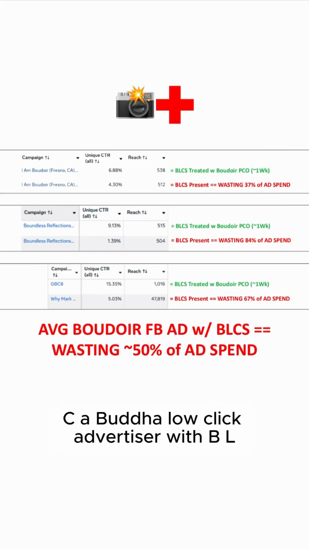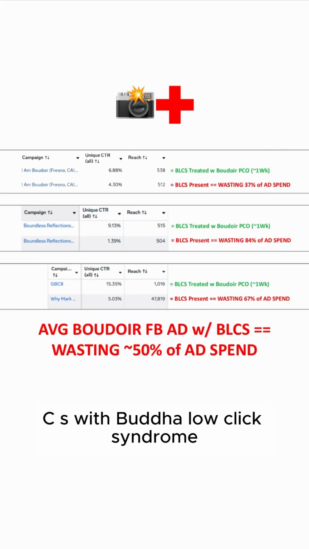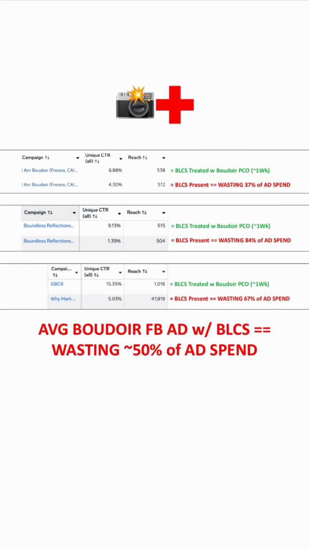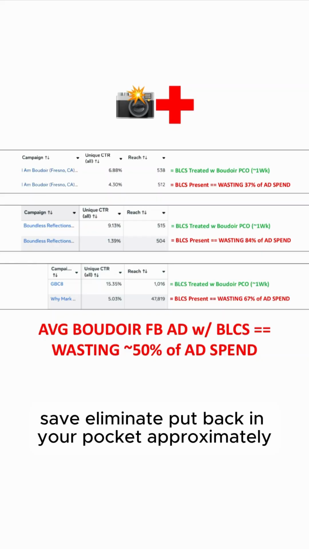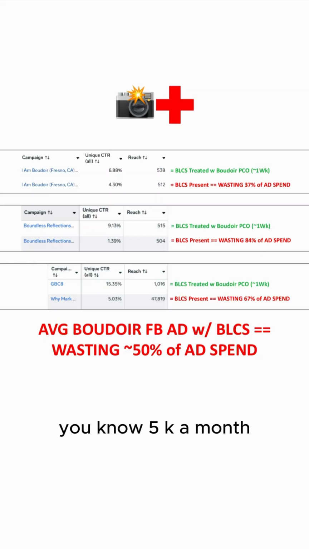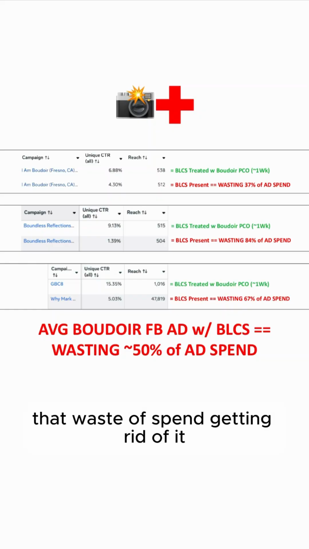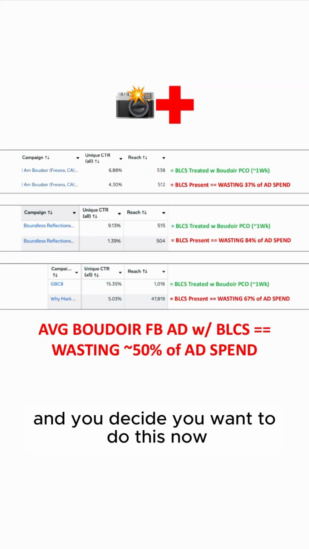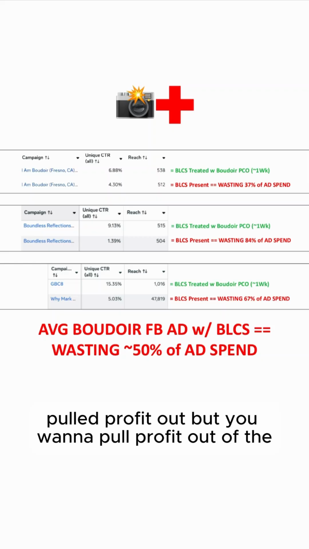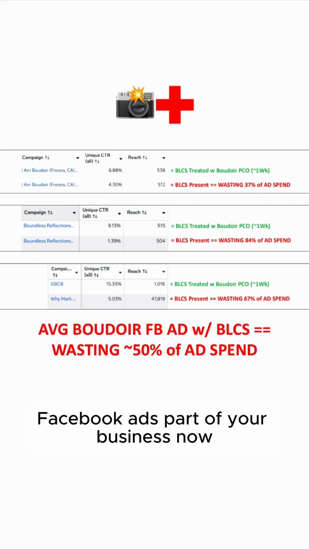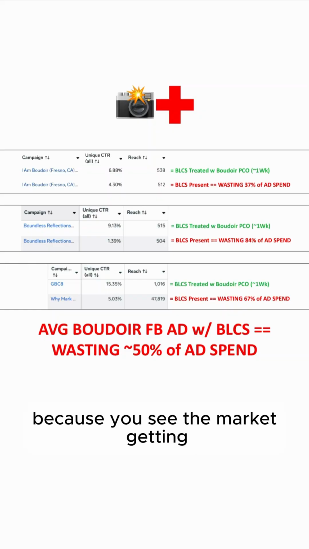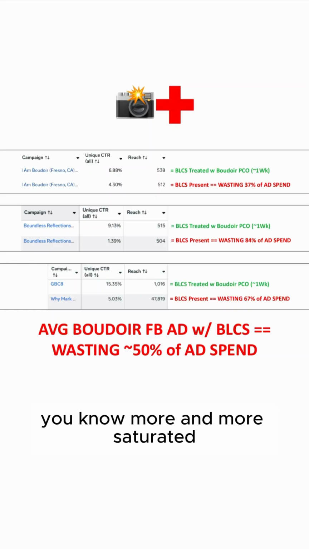All right, so if you're a BLCA, Boudoir low click advertiser with BLCS, with Boudoir low click syndrome, and you're spending more than 10 grand a month on Boudoir Facebook ads, and you want to save, eliminate, put back in your pocket approximately 5K a month, approximately 60K over the next year by eliminating the wasted spend, getting rid of it, and you decide you want to do this now because you've optimized other parts of the business, pulled profit out, but you want to pull profit out of the Facebook ads part of your business now because you see the market getting more and more saturated, more boudoir photographers every day.